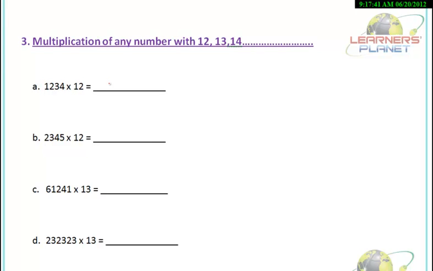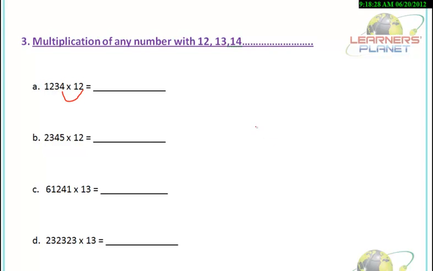Here, 1234 into 12 we have to calculate. Just see the method carefully, just try to understand. First of all, we'll multiply the unit digits, that is 4 into 2.